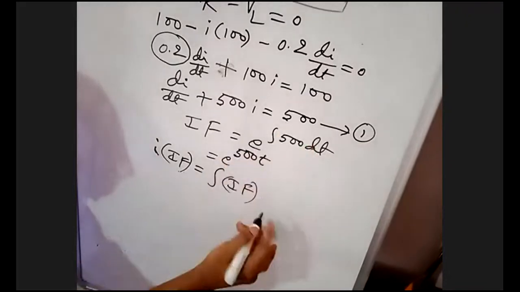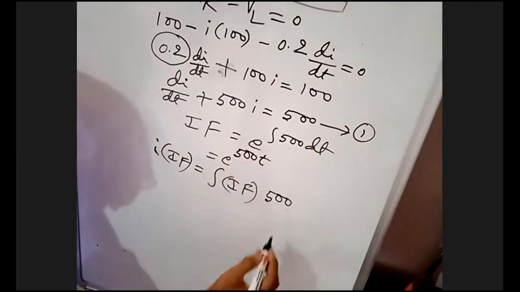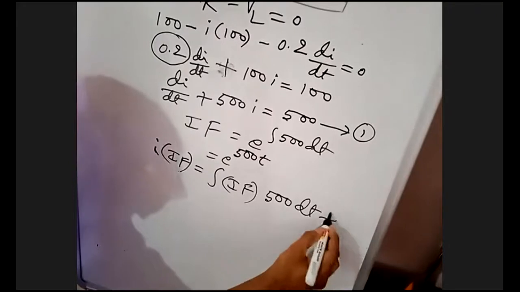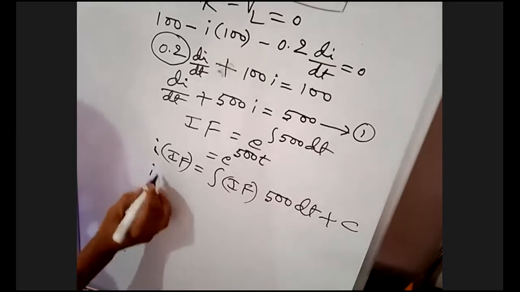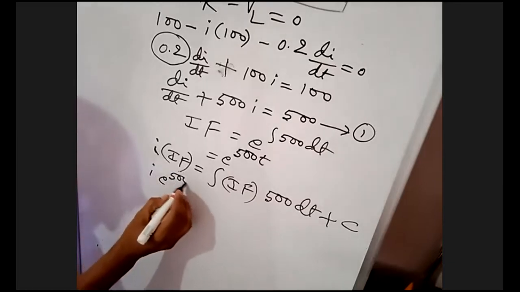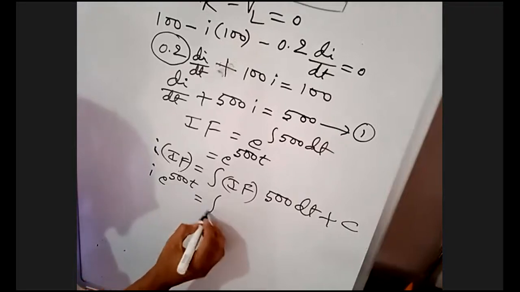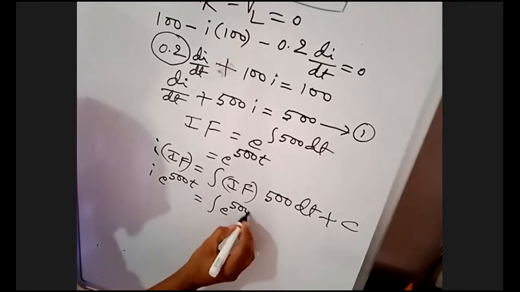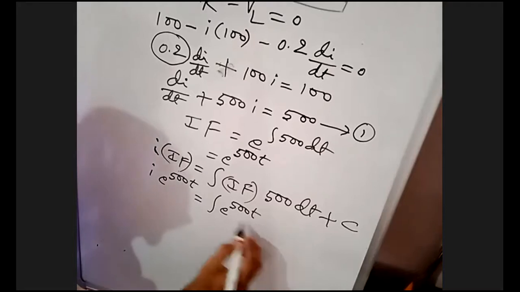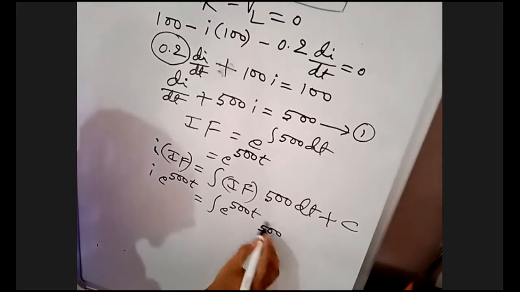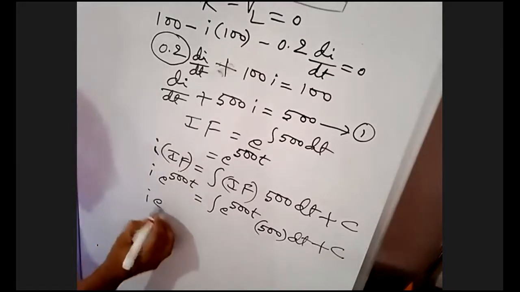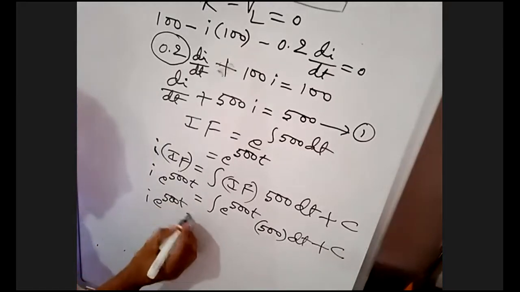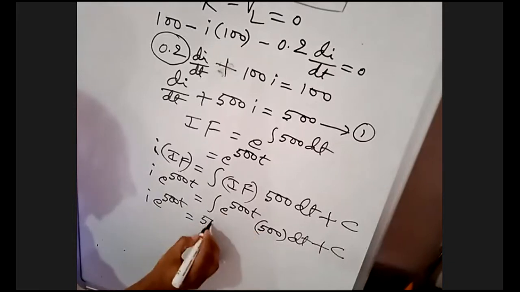What is k value here? That is current multiplied by integrating factor, integral of integrating factor. Take 500 outside of the integral.